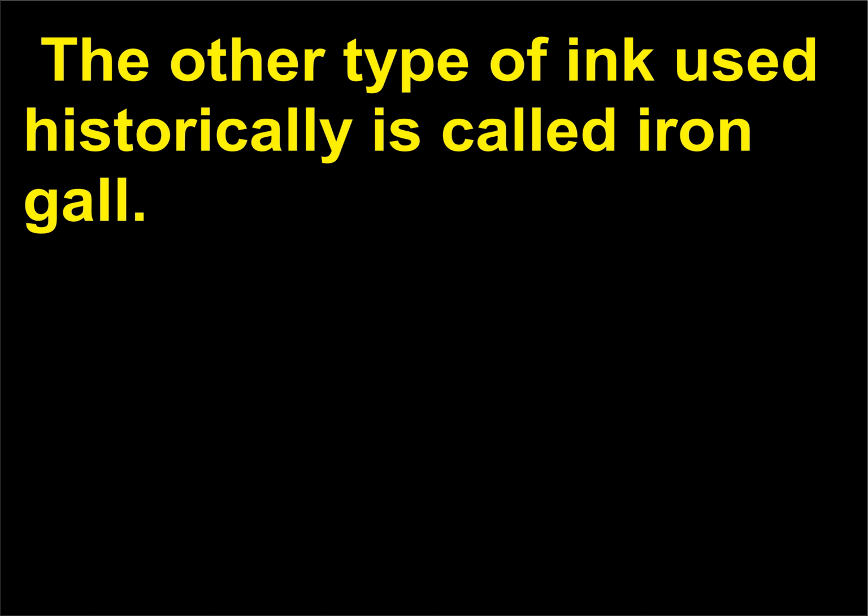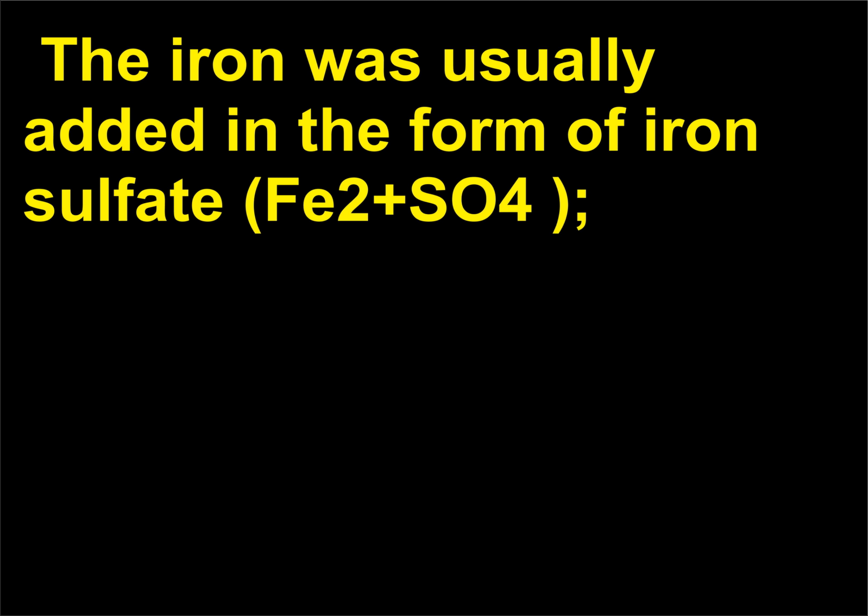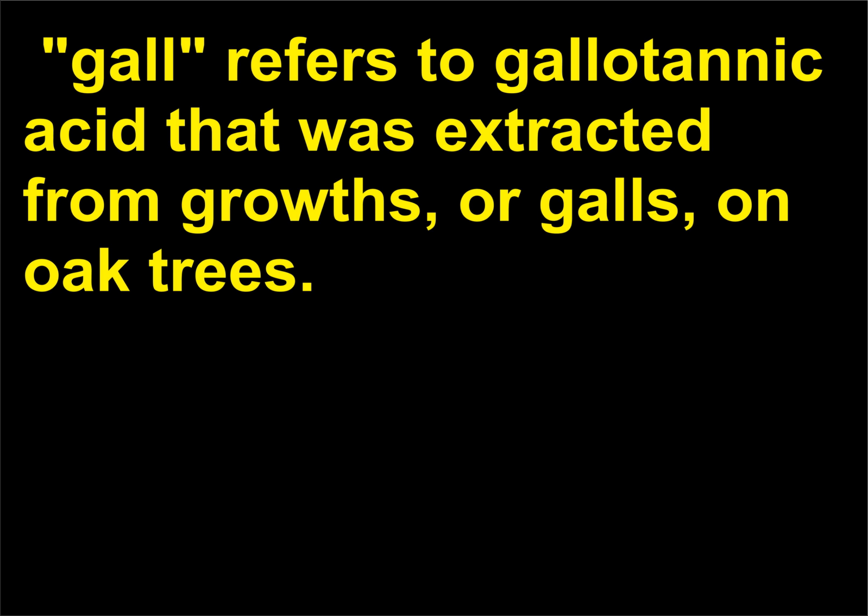The other type of ink used historically is called iron gall. The iron was usually added in the form of iron sulfate, Fe2+ SO4. Gall refers to gallotanic acid that was extracted from growths, or galls, on oak trees.